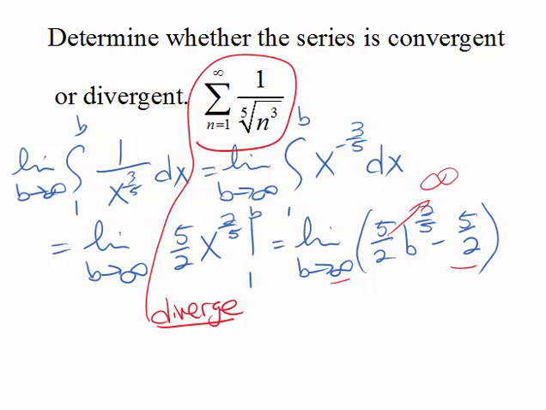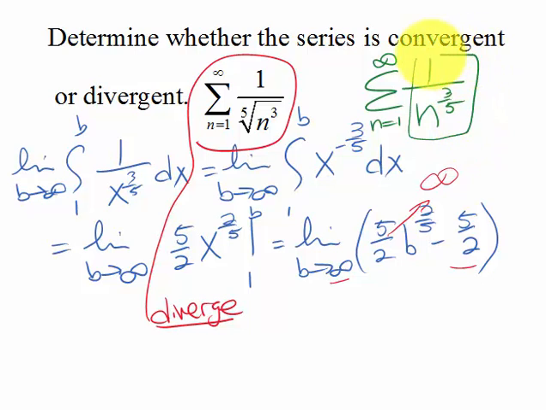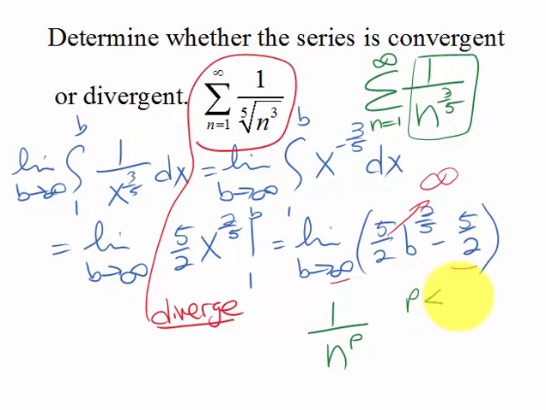Now, that worked. The integral test worked on this, but there was an easier way to do this. We could express this as 1 over n to the 3/5, and we're again looking at the sum, and this we could recognize as a divergent p-series, because we learned that if we have 1 over n to the p, if p is less than 1, which it is here, it's 3/5, it's going to diverge.